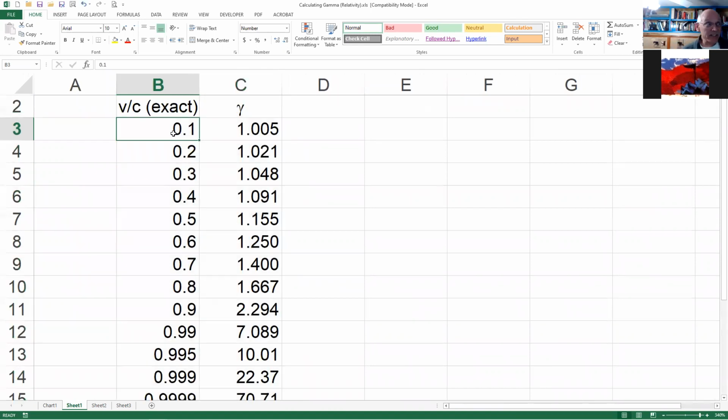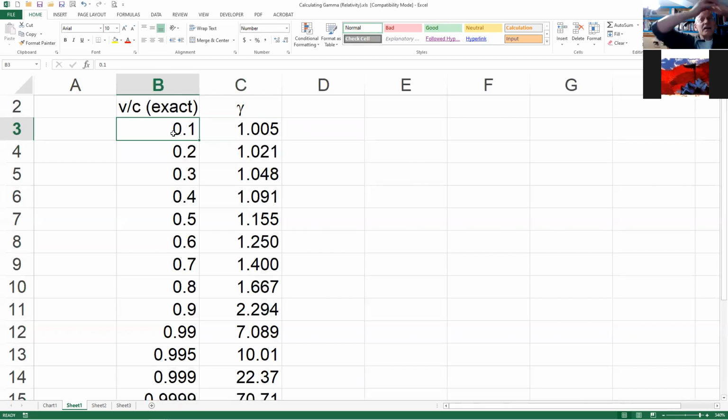That's actually a pretty high rate of speed. The left column is v over c. It's the fraction of the speed of light that something happens to be moving. And 0.1 means it's going at 10% or 1/10 of the speed of light.